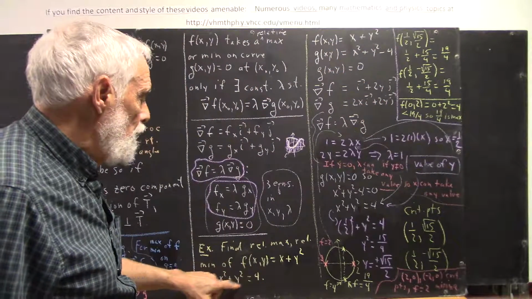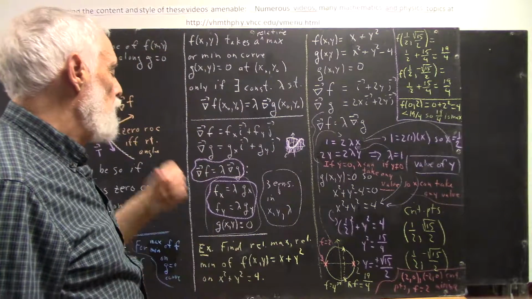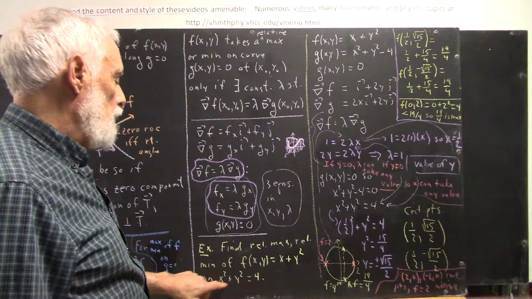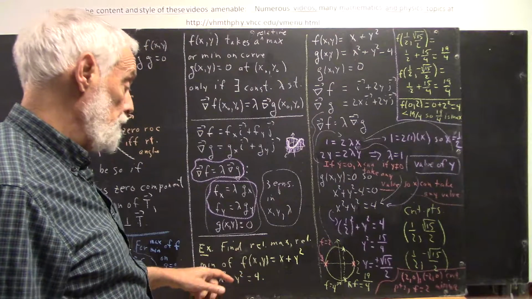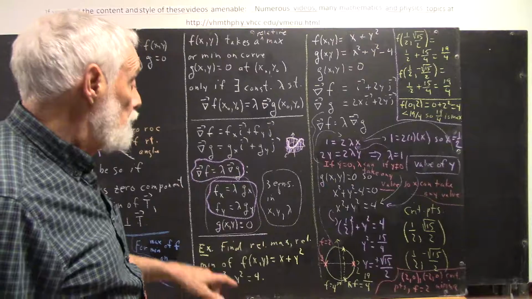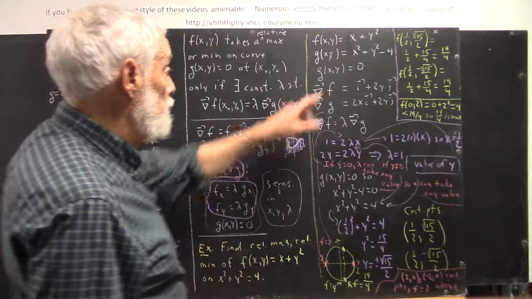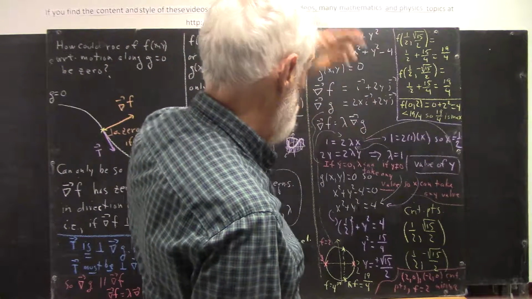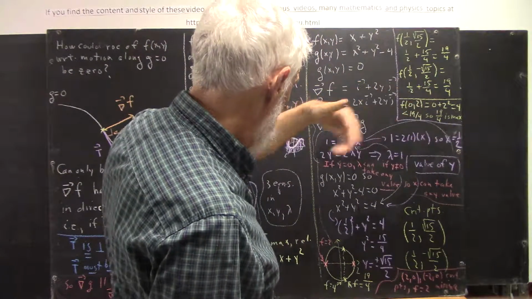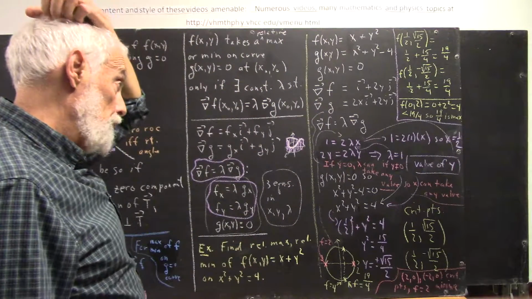If we want g of x,y equals 0 to represent the curve x squared plus y squared equals 4, we'd better let g of x,y be x squared plus y squared minus 4, so that g equals 0 is equivalent to this constraint. Setting that equal to 0, we get the same thing we have here, just with a simple algebraic rearrangement.